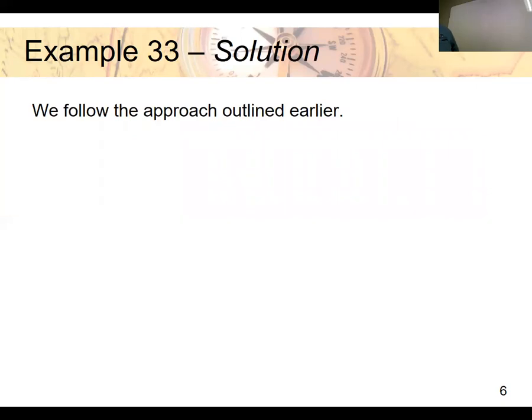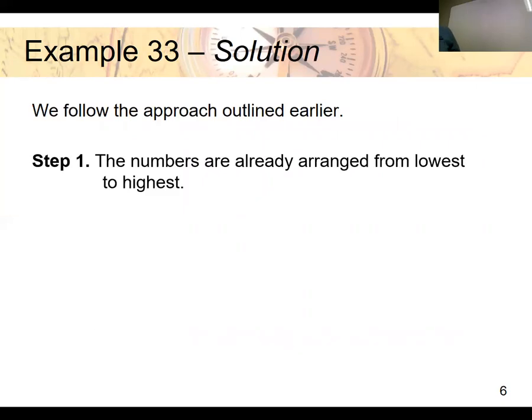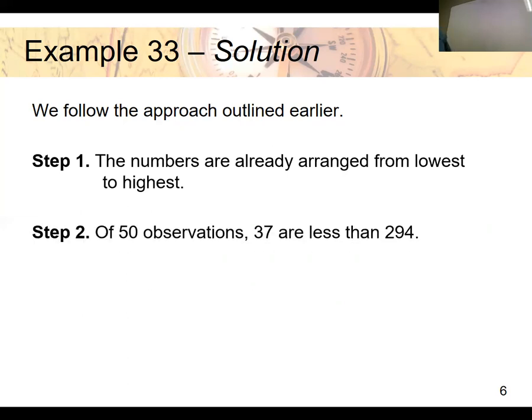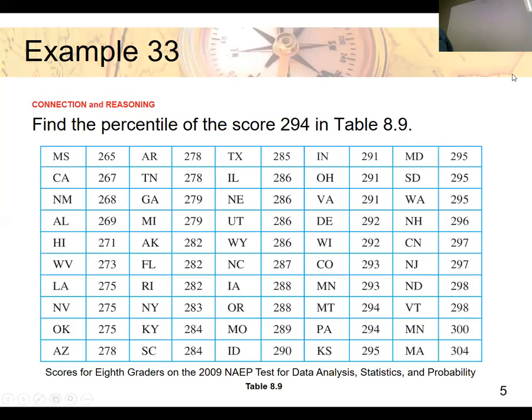Following that approach, the numbers are already in order from lowest to highest. If they weren't, you'd have to put those data values in order from least to greatest. That's step number 1. Number 2, we have 50 observations. Here's 294. Actually, there are two states with 294, but I'm going to use the 294 that I have circled here.